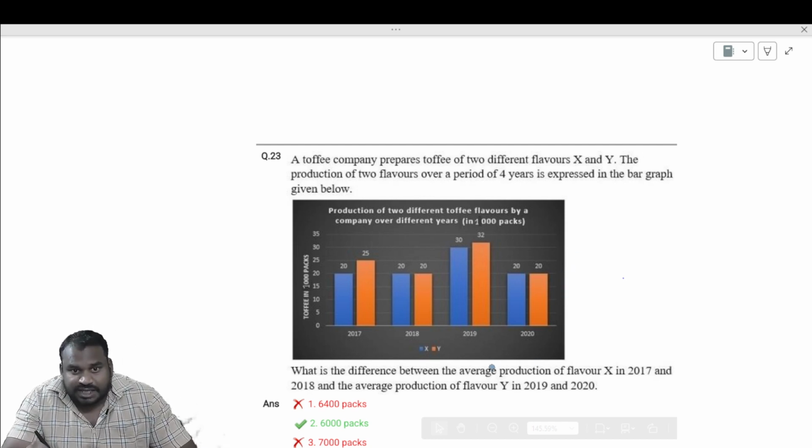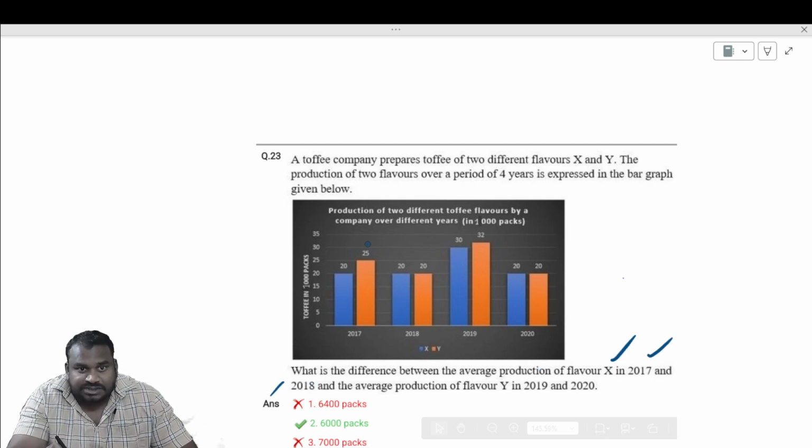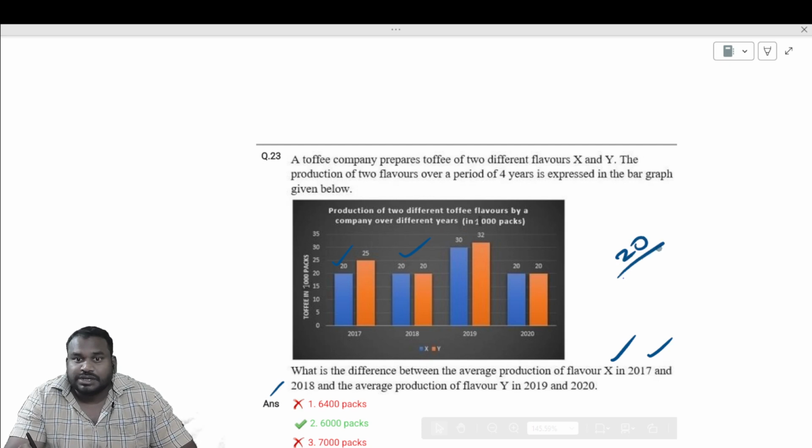See, if you take the average production of flavor X in 17 and 18, 17 is 20 for X, and for 18 is 20. The average of 20 and 20, 20 plus 20 by 2, is 20, for X in 17 and 18. The same way, the average production of flavor Y in 19 and 20 is 32 plus 20 by 2, 26.